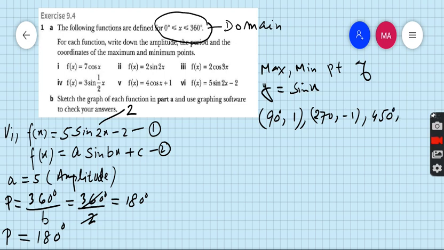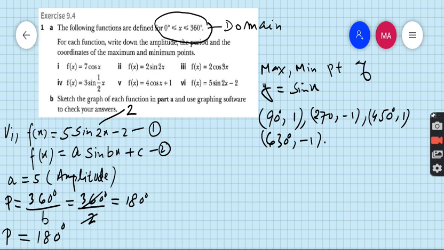At 450 degree the value is 1, and at 630 degree the value is minus 1. So these are the standard maximum and minimum points of standard equation y is equals to sin x.